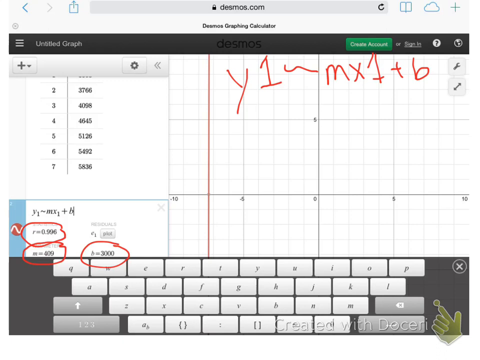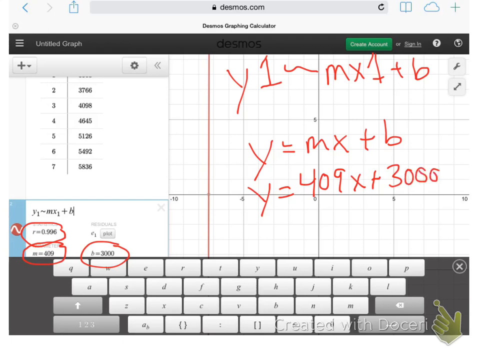So we can trust the data that it's predicting. And then you can use your M and your B to plug into your y equals mx plus b. So we get y equals 409x plus 3,000. And there's your equation.